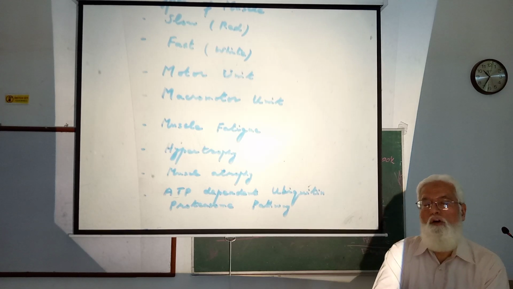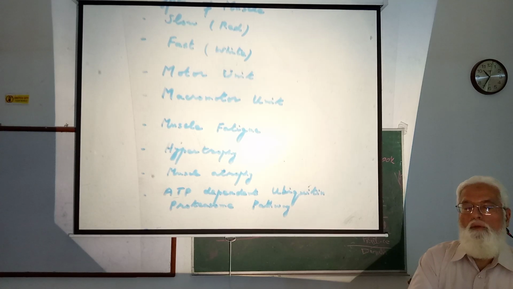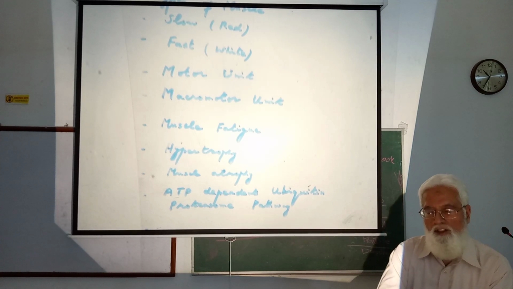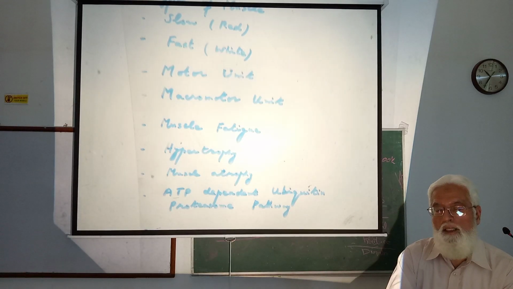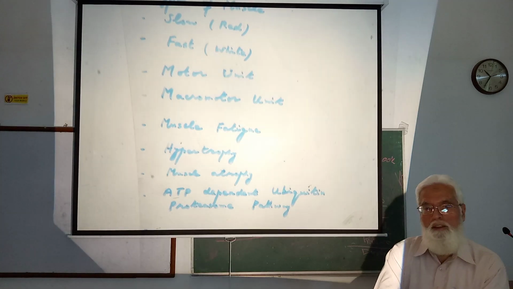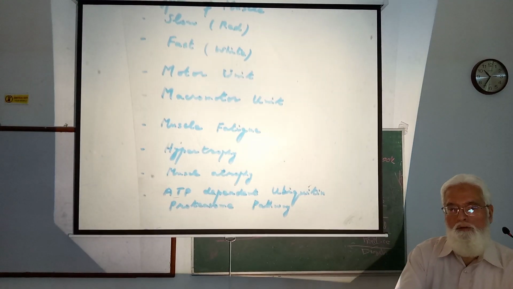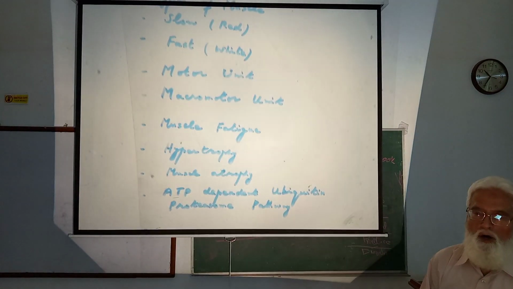Another cause of muscle atrophy is denervation of the muscle. The motor nerves to the muscle are destroyed or degenerate.